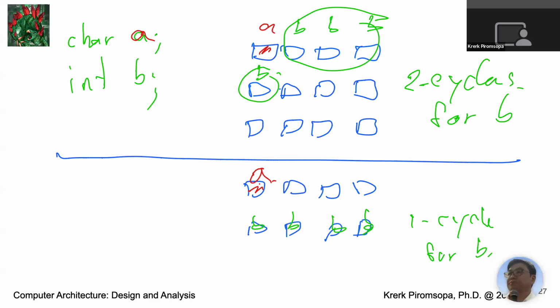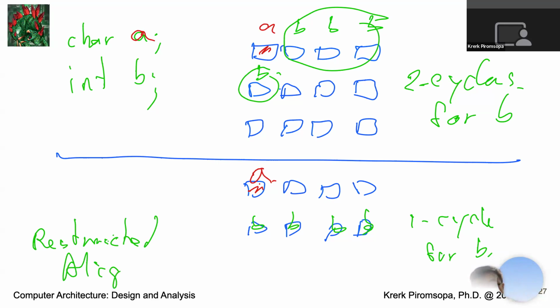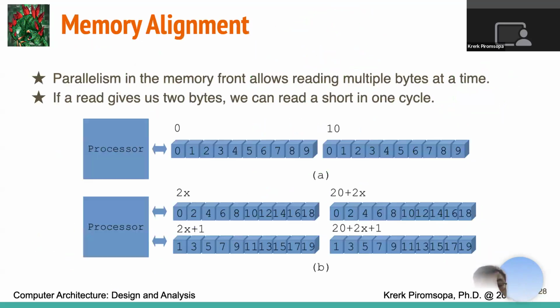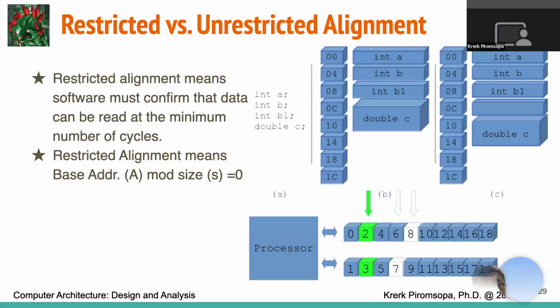Okay, better. We call this kind of architecture restricted alignment, which is in the slide, actually. Restricted alignment.